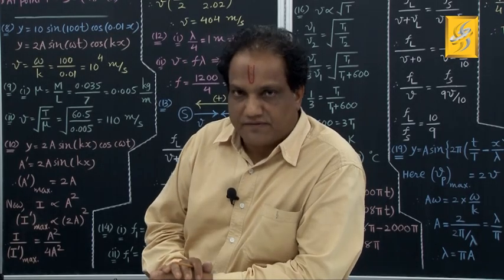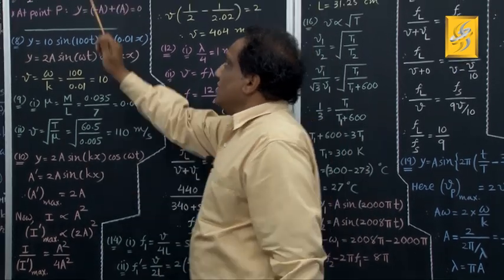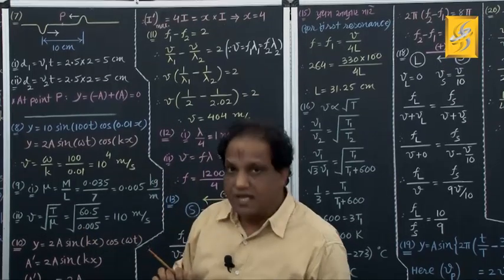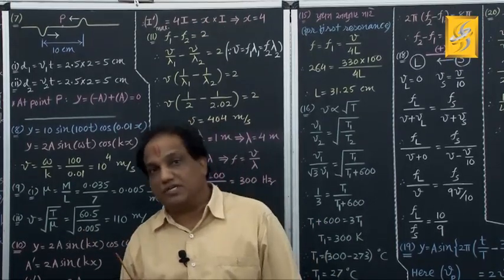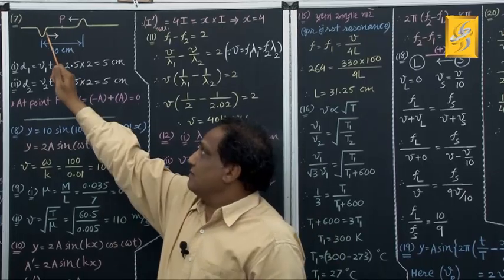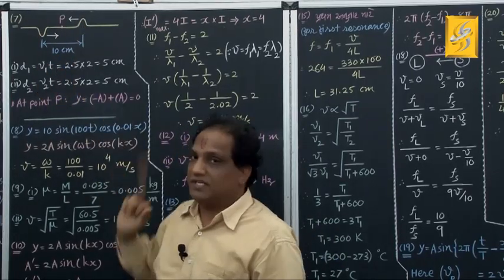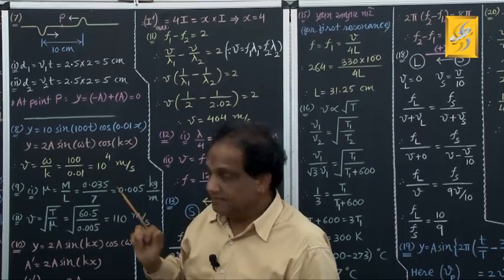As shown in the figure, we are given two pulses having opposite shape. First pulse is in the form of a trough, second pulse is in the form of a crest.